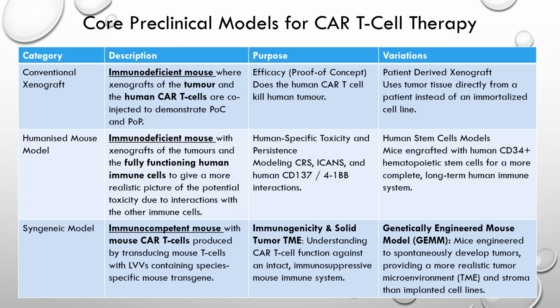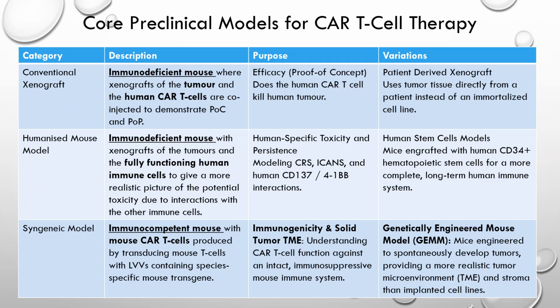And a variation on that is that you can use human stem cells to engraft mice with human CD34 plus hematopoietic stem cells for a more complete long-term human immune system. So the humanized mouse model is a good model. It gives you information on human-specific toxicity.